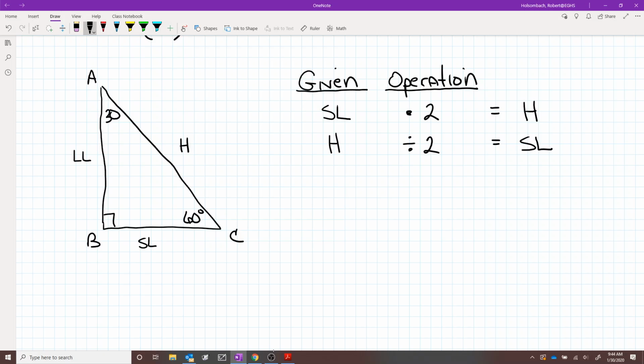If you're given the short leg and you multiply it by the square root of 3, it gives you the length of the long leg. And if you're given the length of the long leg and you divide it by the square root of 3, it equals the length of the short leg.